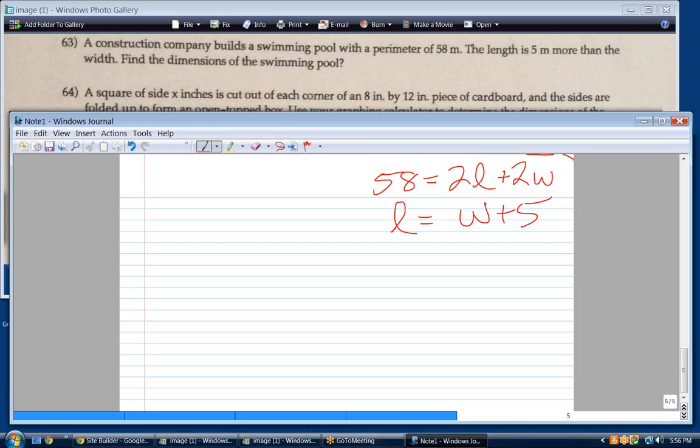Maybe substitution. Yeah, because one of the variables is completely defined. Okay, so tell me what next to write. Where are you getting 5? If we're going to substitute, then wherever we find L, we're going to substitute W plus 5.